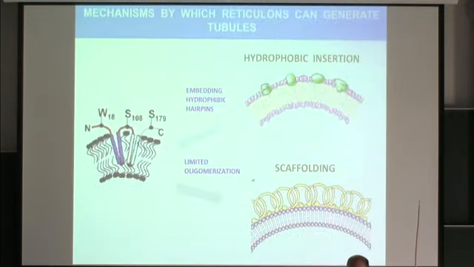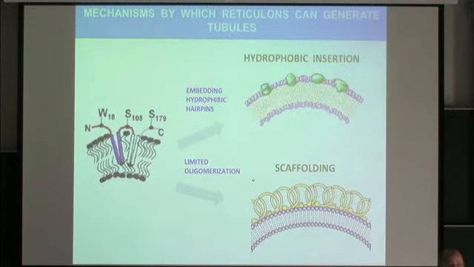So how can reticulons drive curvature? They have attributes for both scaffolding, due to oligomerization, and for insertions, because they have these hairpins. What is the major factor? We don't know, but we are convinced that scaffolding is an essential part of the story.